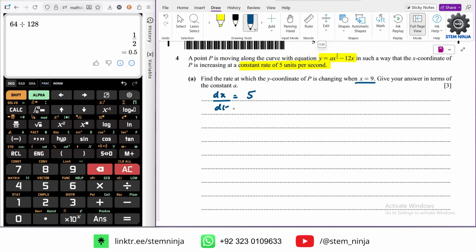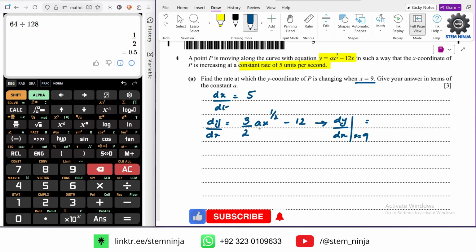Okay, so first off we need dy by dx, then dy by dt can be found by chain rule. So dy by dx is 3 over 2 comes down, this becomes 1 over 2, this becomes minus 12. We need it at x is equal to 9, right? So dy by dx at x equals 9: 3 over 2 times a, the square root of 9 is just 3.